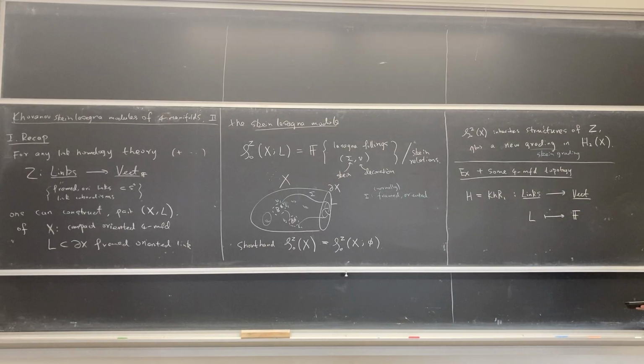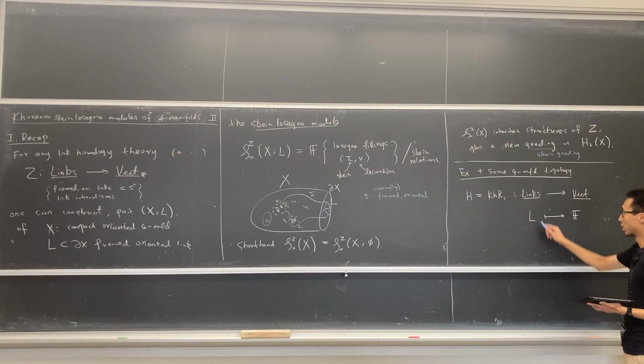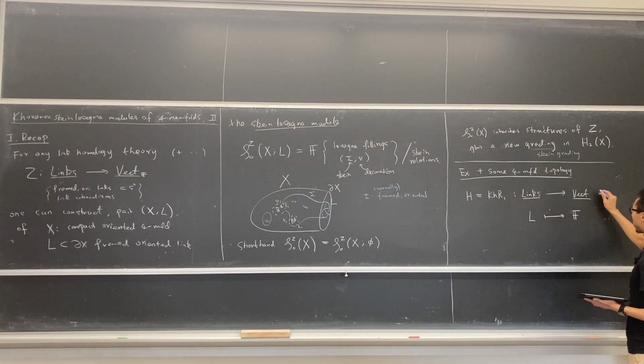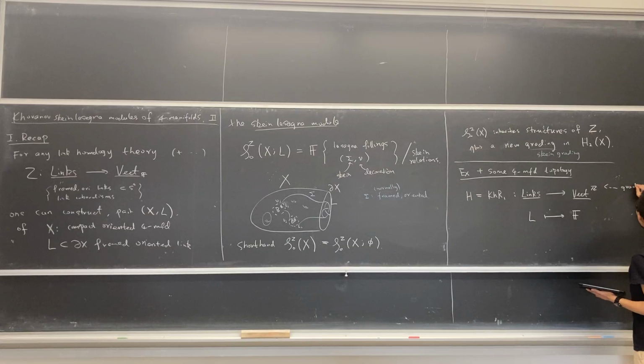But as Mina pointed out, there are actually slightly more structures than just this. In fact, this homology has actual structure of a Z grading. So I'll put a Z grading here. So the target is actually Z-graded vector spaces and graded maps between them.